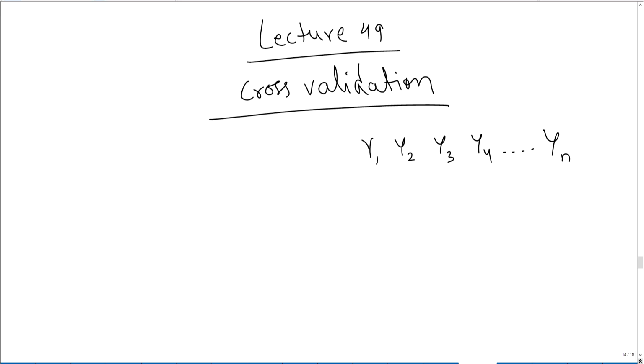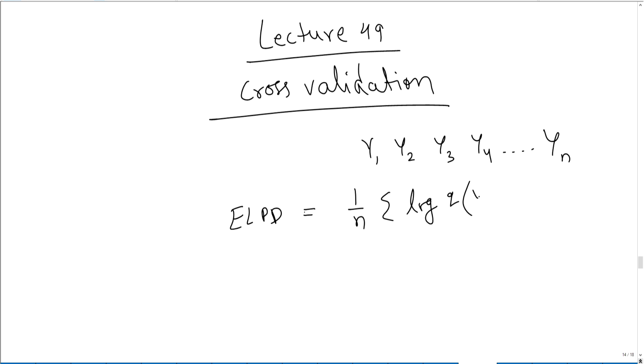Now how would you compute ELPD of the model? Well, one approach is this. What was the formula of ELPD? Let's say Q is the model for which we want to calculate ELPD.